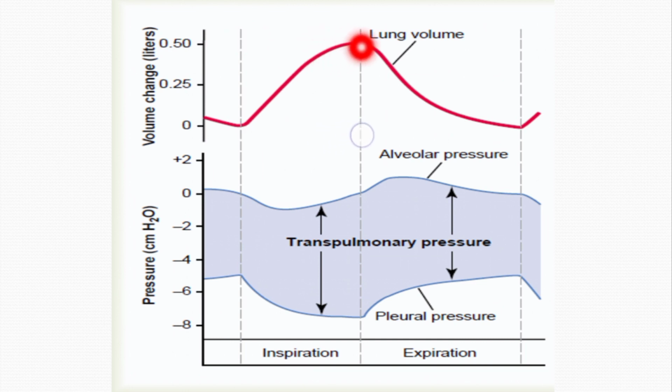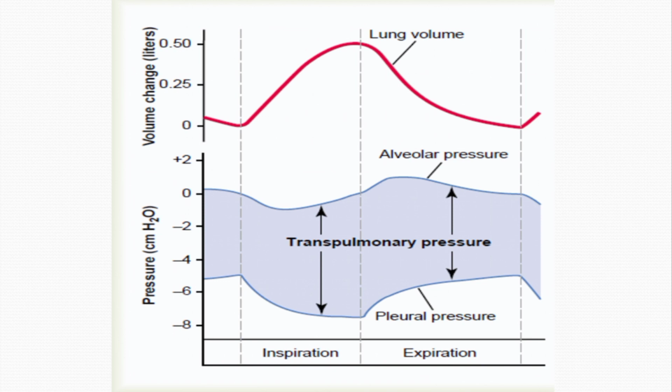Then during expiration the reverse occurs, and this pressure may become 0 or sometimes even +1 centimeter of water, and it forces the air out of the lungs, as we will see subsequently.